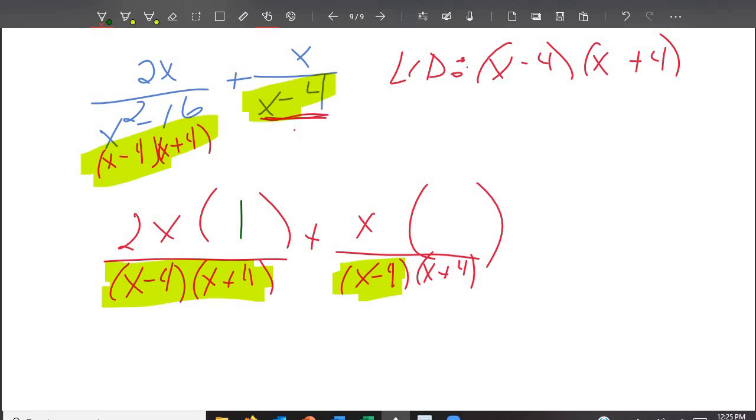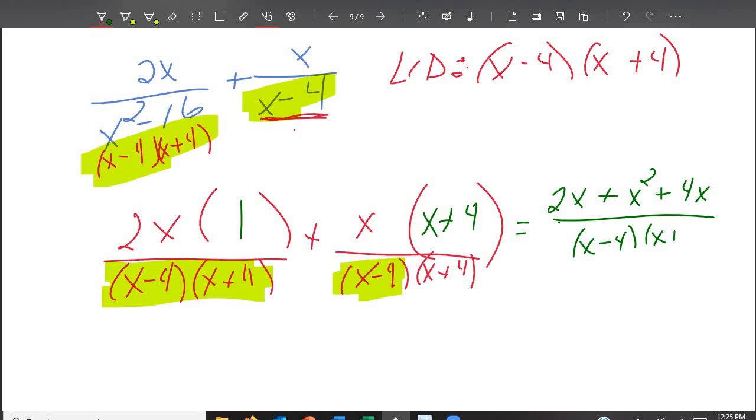I didn't highlight the x plus 4, so it's got to go in the numerator. Now let's simplify. 2x plus x squared plus 4x, x squared plus 6x over x minus 4, x plus 4.